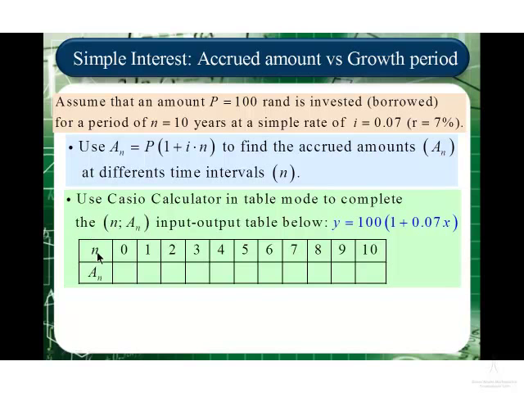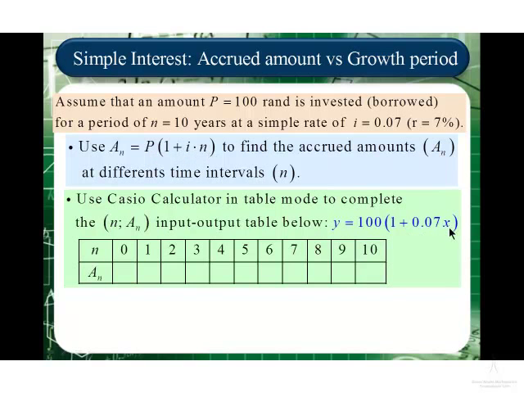So we put in the value for the interest period, and out of that we would like to generate the final or accrued amount at the end of that particular interest period according to the given formula that we have discussed before. And of course, you have to complete this input-output table below using this particular formula, if we substitute the values that we have for P and for I and for n.